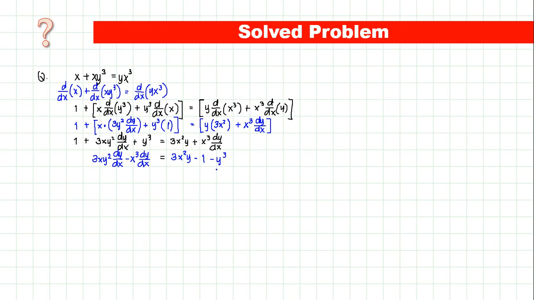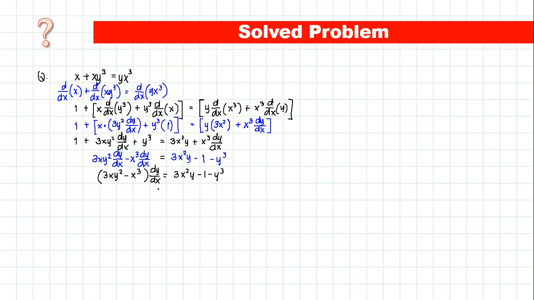So, ganyan siya, no? I-simplify pa natin. Factor out natin yung dy dx. Okay? So, pag i-factor out natin yung dy dx, ang matitira sa atin ay 3x y squared minus x cubed, di ba? Times dy dx is equal to 3x squared y minus 1 minus y cubed.